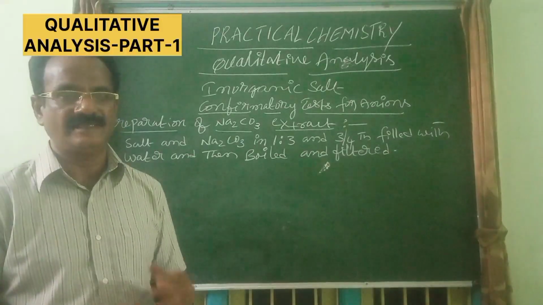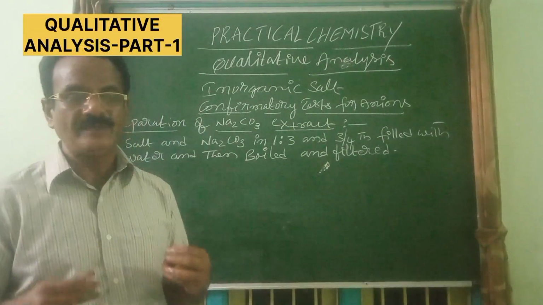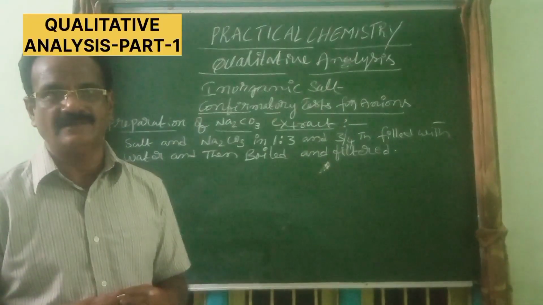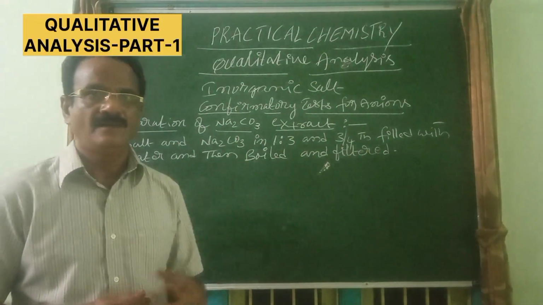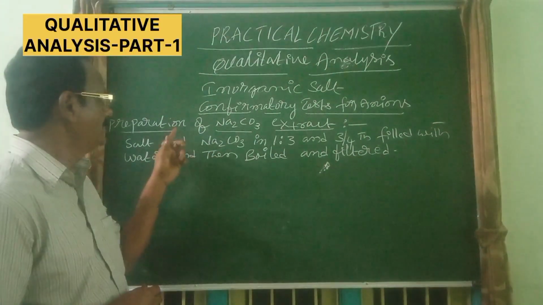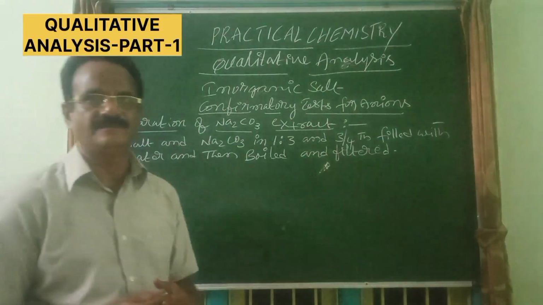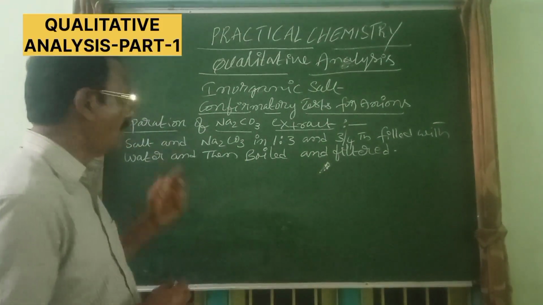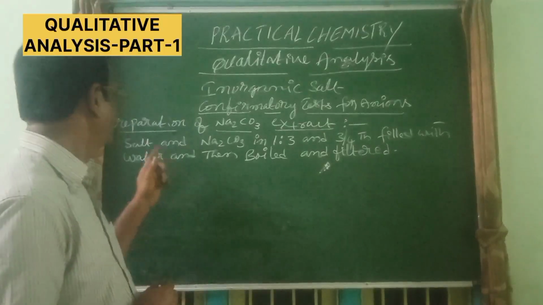Before doing confirmatory tests for identified anions, the analyst has to prepare sodium carbonate extract of the given salt. So how is the extract to be prepared? Let us see.